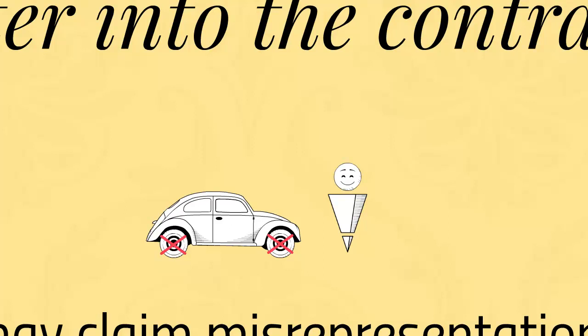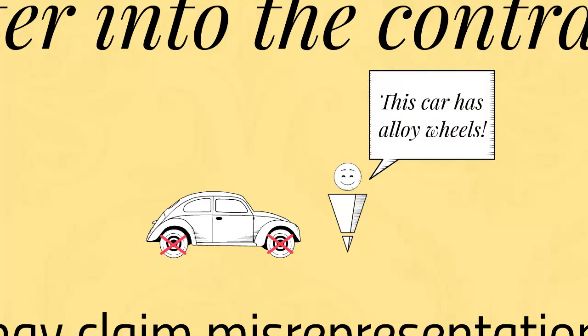And if the salesperson told you that the model of the car that you bought was designed with alloy wheels, then that is representation. Because it's a statement about the model of this particular car.